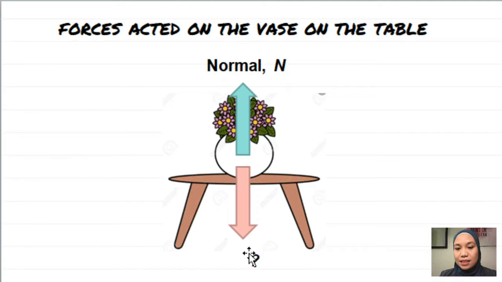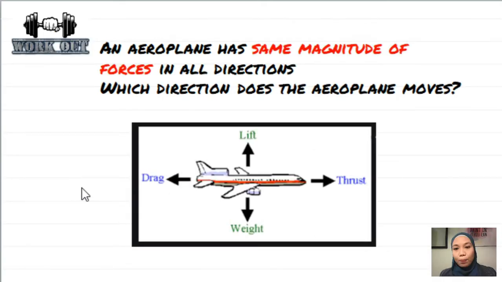So for example, an aeroplane has the same magnitude of forces in all directions. Which direction does the aeroplane move? For this scenario, let's discuss the forces in terms of the y-axis and x-axis. So what are the forces in the y-axis?